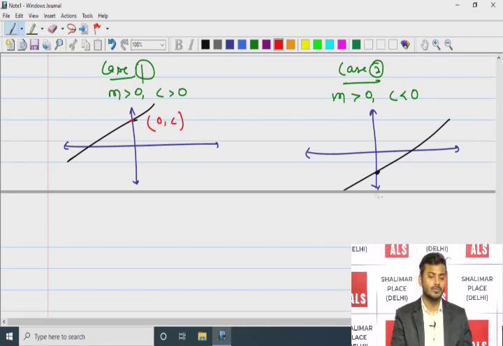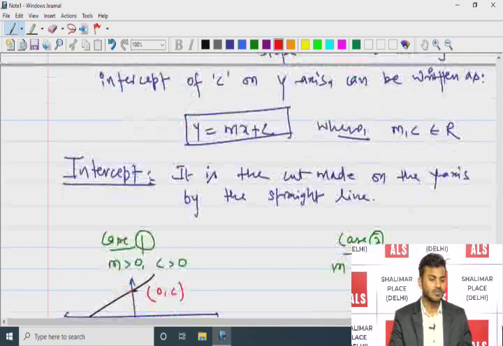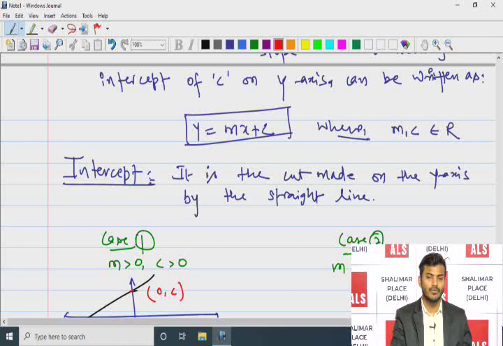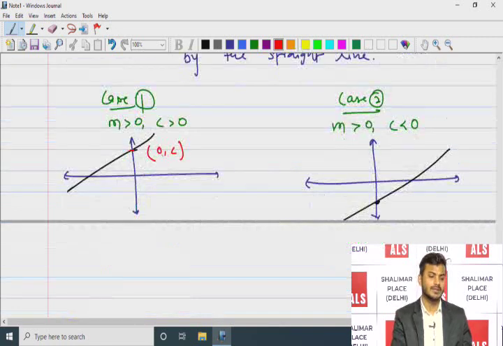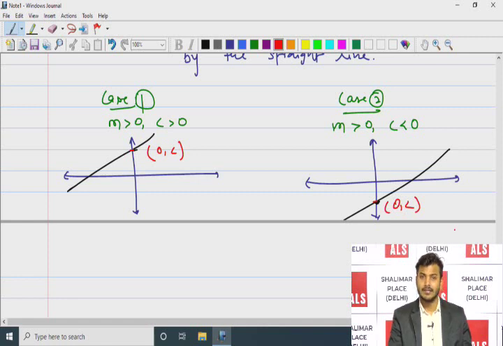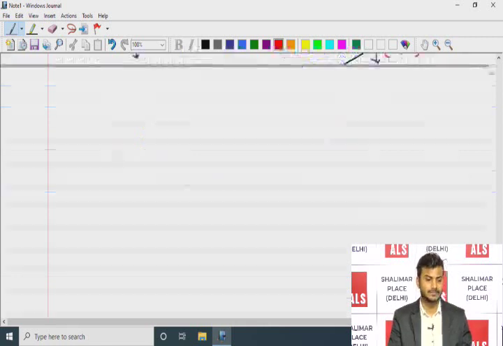So if you put x equals 0 here, it will be 0 and y equals C. So the y coordinate will be C. So 0, C, right? Exactly, y-axis. If it is positive, it is upward. If it is negative, it is downward.